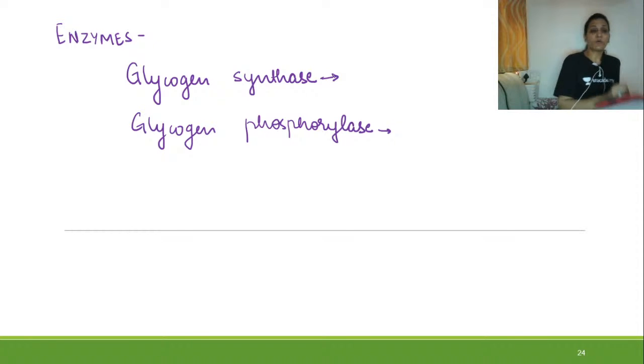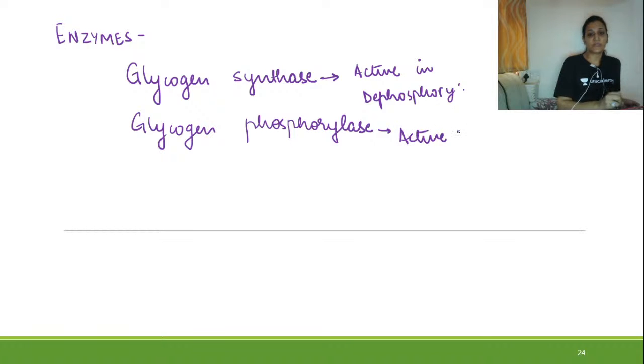Another important thing we need to talk about here: glycogen synthase is active in the dephosphorylated state, and glycogen phosphorylase is active in the phosphorylated state.